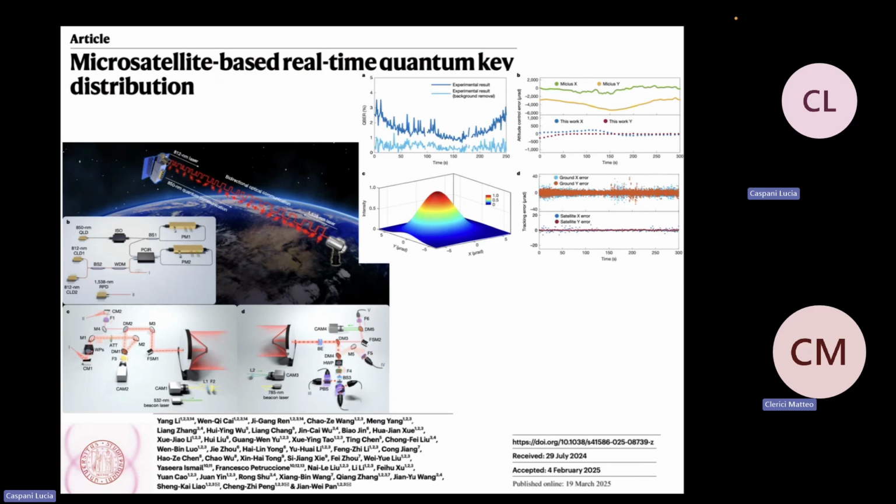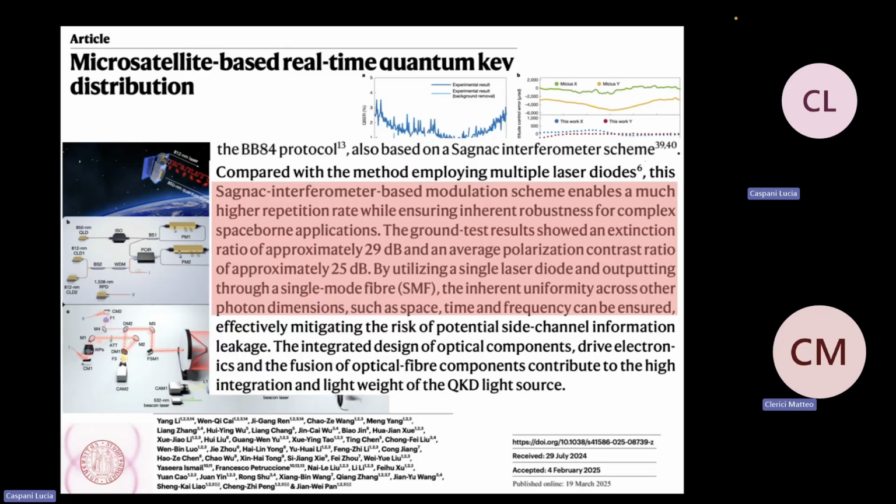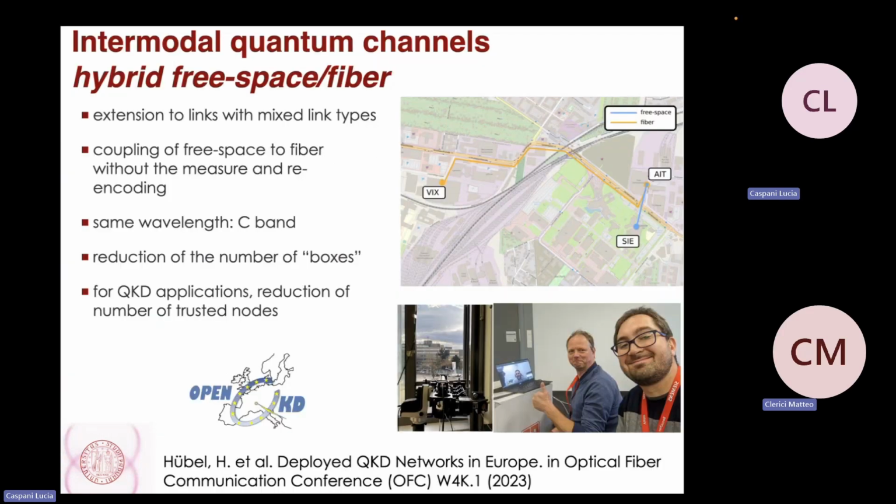We would like to mention that in this particular domain the latest Chinese satellite actually improved the rate and the QBER, and in their paper announcing it last year they mentioned that they were using the Sagnac, our scheme, which improved the system with respect to the past encoder, which was based on eight lasers.